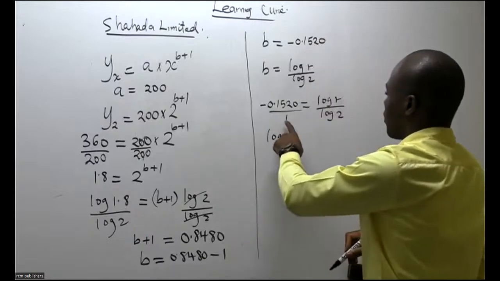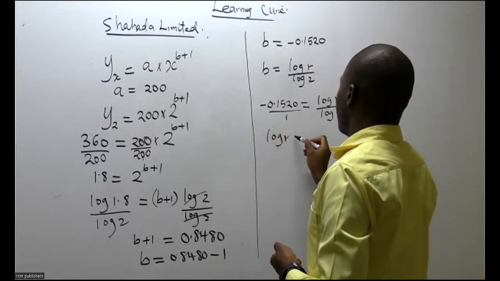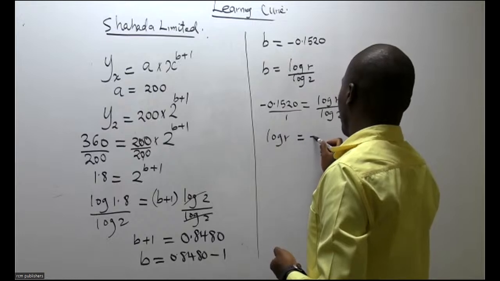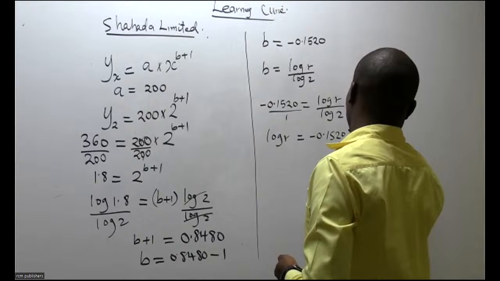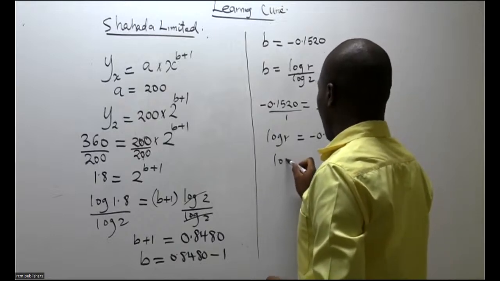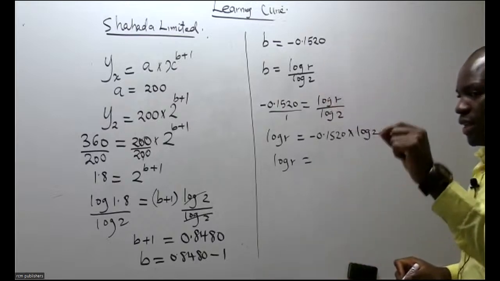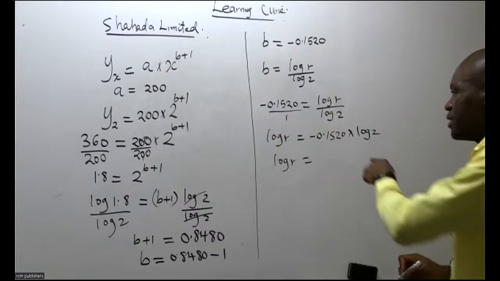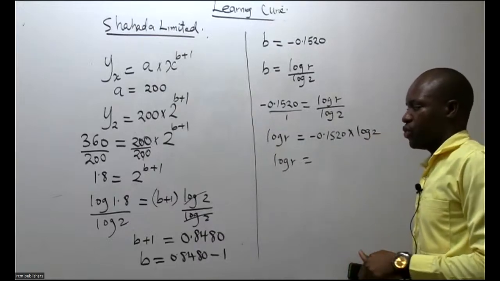Log R is equivalent to negative 0.1520 times log 2. So our log R will be equivalent to the answer you have there times log 2. What will you have here?